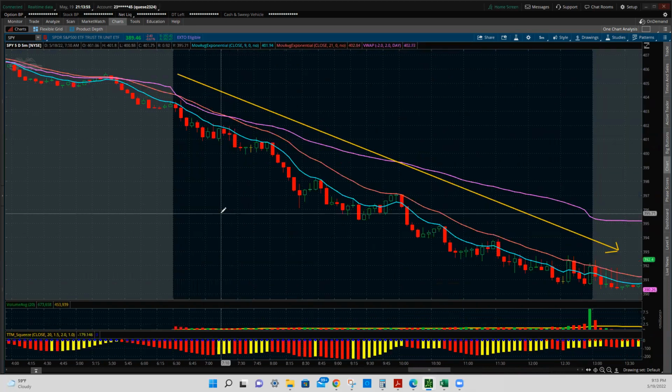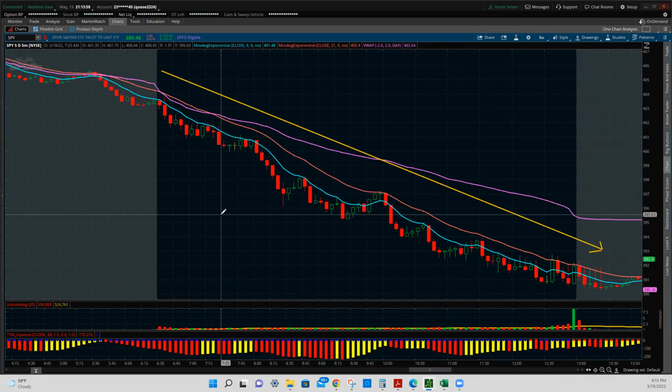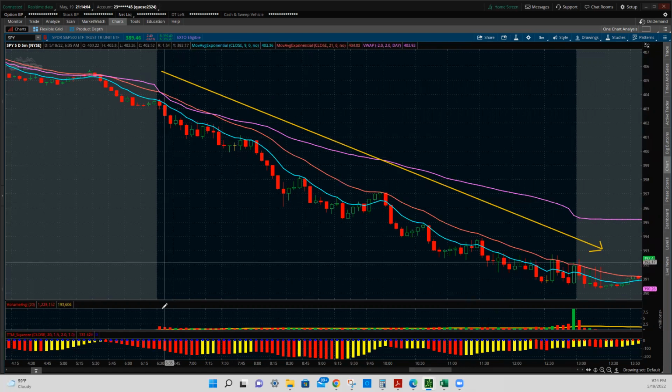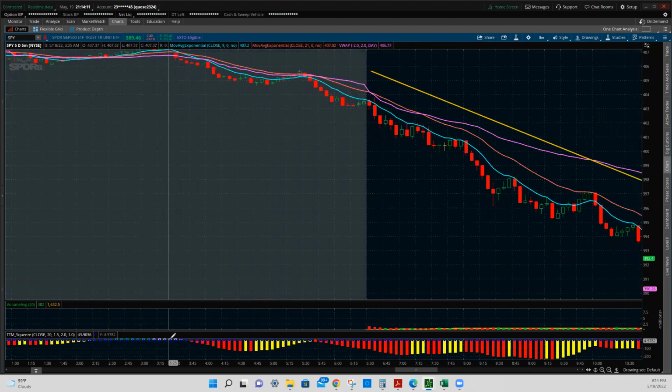So basically the TTM squeeze, what you want to look for is this histogram down here.